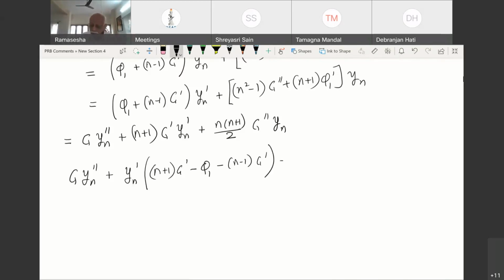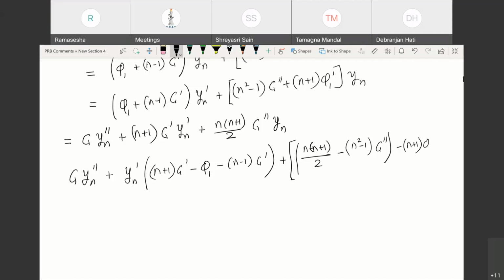Because I've taken that to the right hand side, plus n into n plus 1 by 2 g double prime. Then yn has a coefficient: I have to take minus n squared minus 1 g double prime, and here I have n into n plus 1 by 2, that's also g double prime. Then I have minus n plus 1 p1 prime. So this is equal to 0.